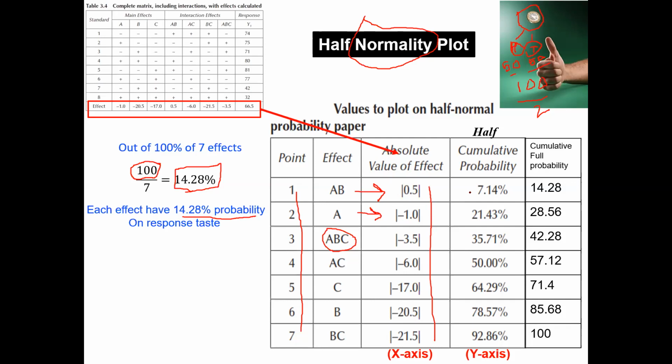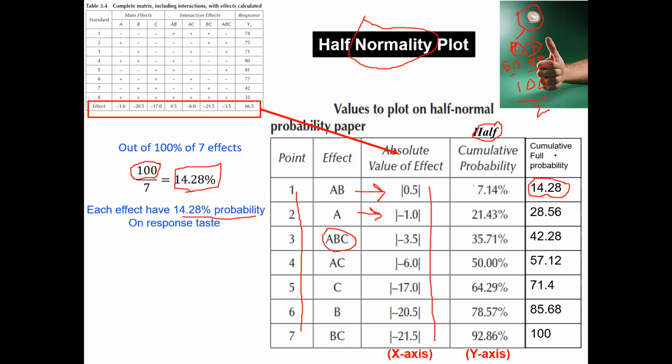Now let us consider, as I said before, each factor having a 14.28% probability. Forget about this column, we will come to it later. So each factor has a 14.28% probability that it may influence my response.